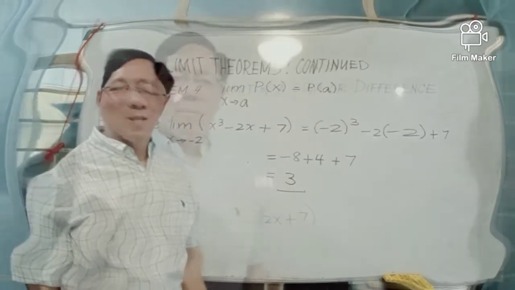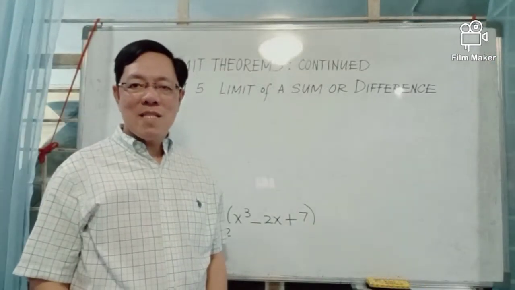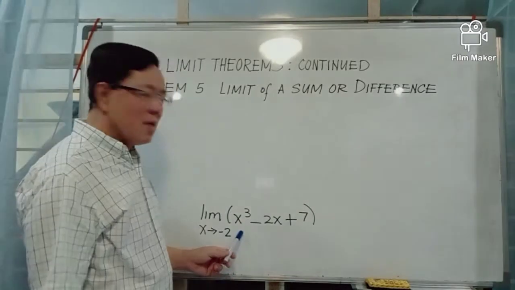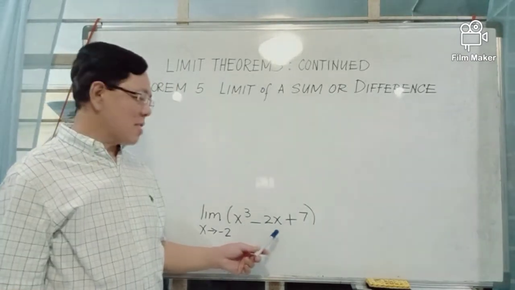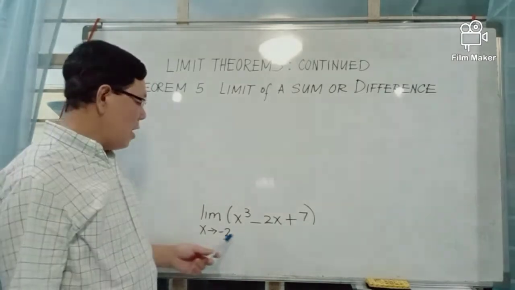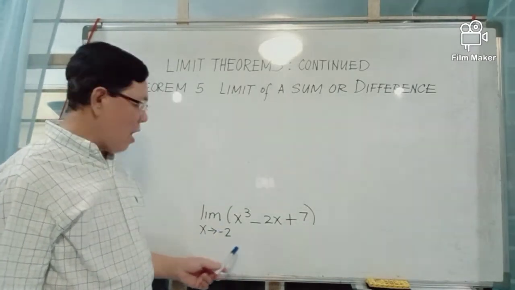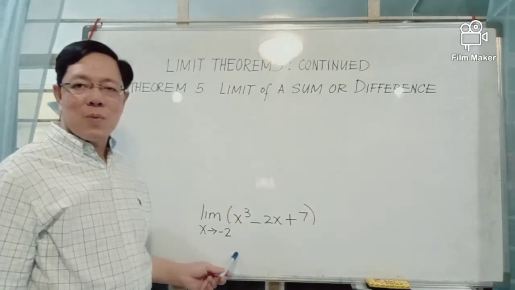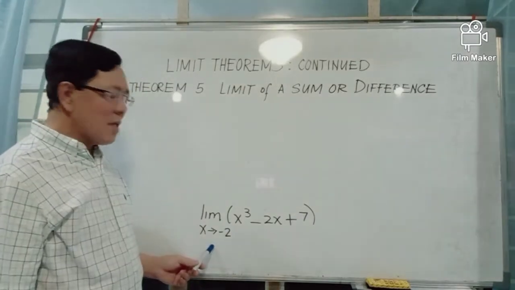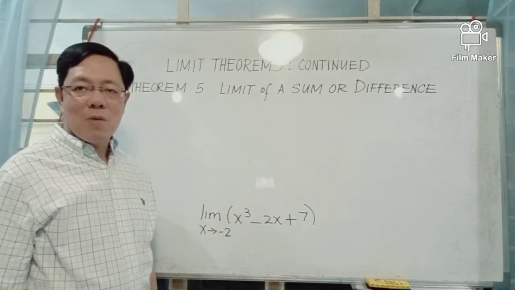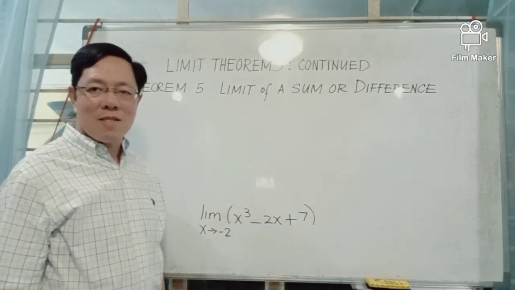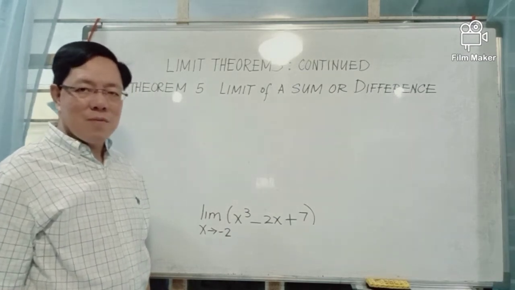In our last example, our polynomial function is given by x cubed minus 2x plus 7, and we evaluate this limit as x approaches negative 2. In evaluating this limit, we apply the limit theorem 4 for the limit of a polynomial function in x as x approaches a.